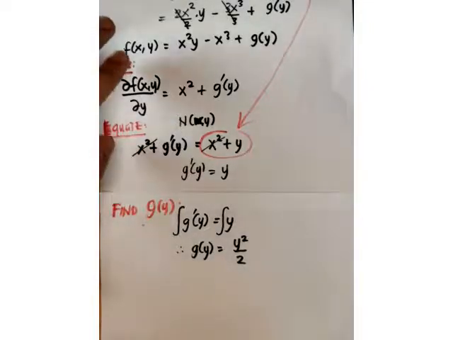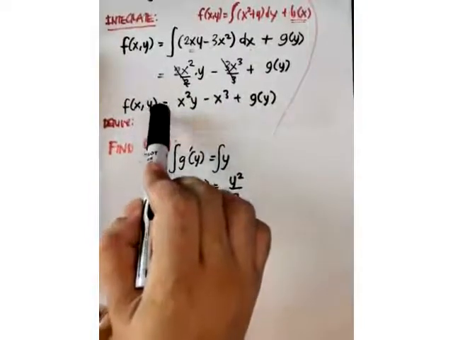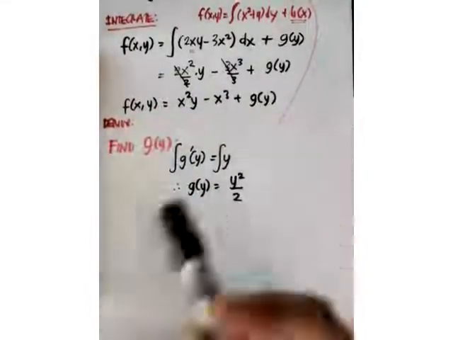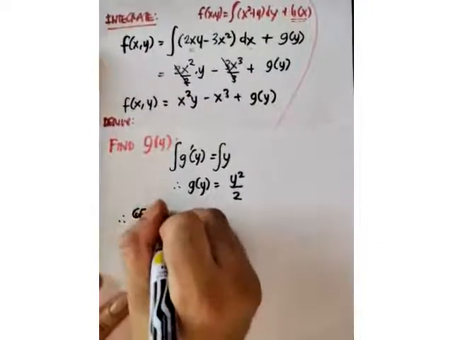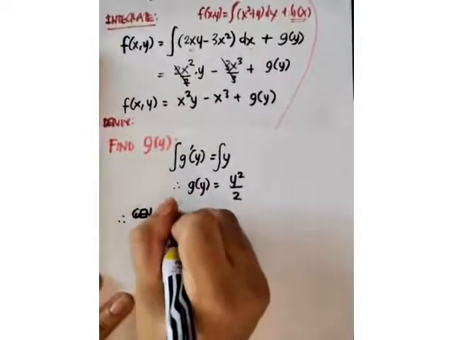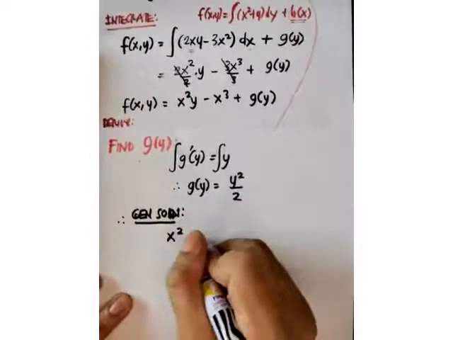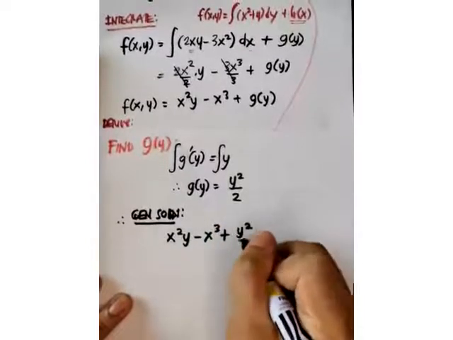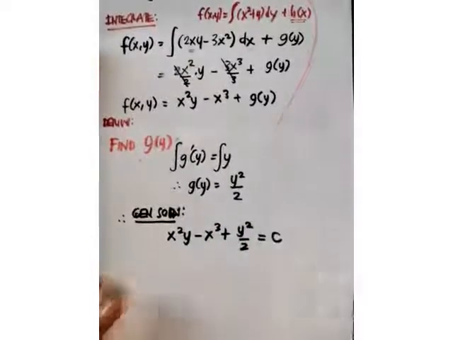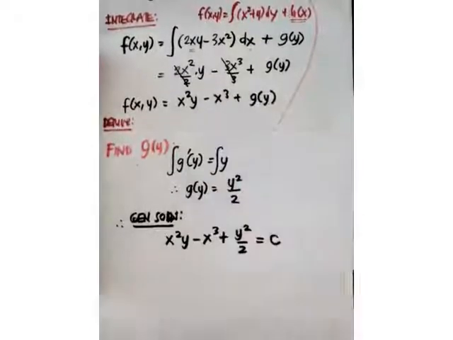Okay. Pag nakuha natin ng g of y, pupunta na tayo dito. So, babalik tayo dito. At isa-substitute lang natin yung g of y. So therefore, our general solution is x squared y minus x cubed plus y squared over 2 is equal to c. Isa-substitute nyo lang ito dito.